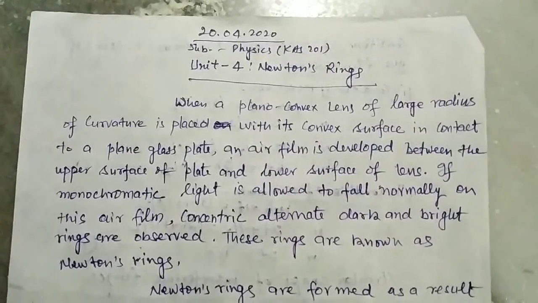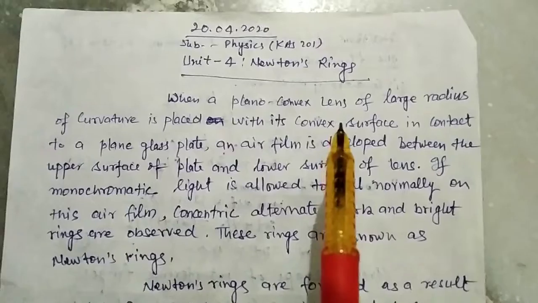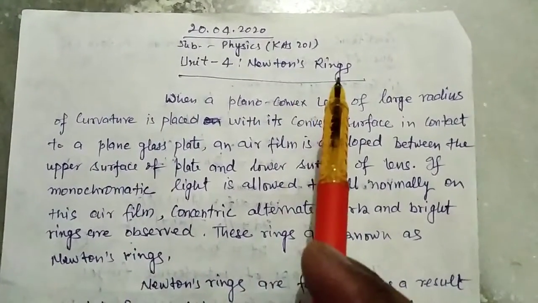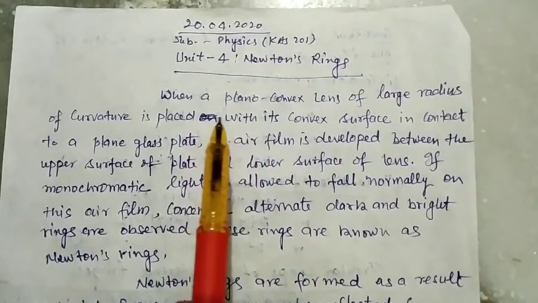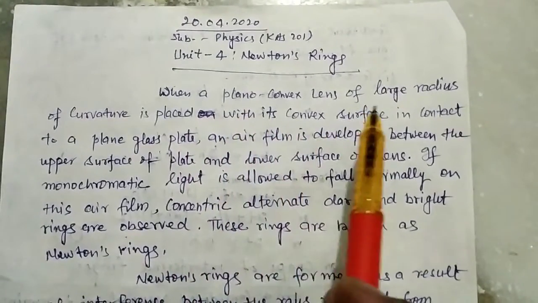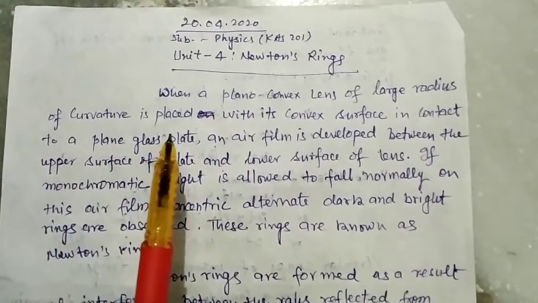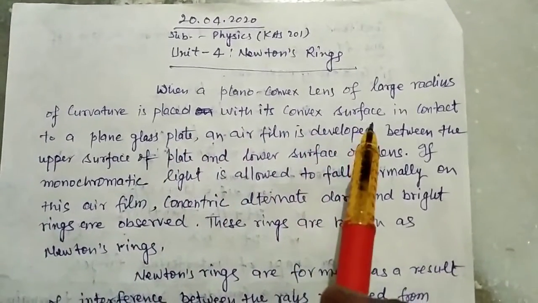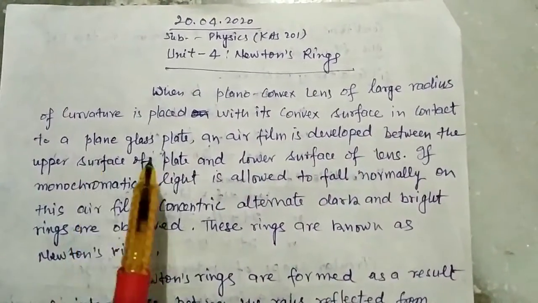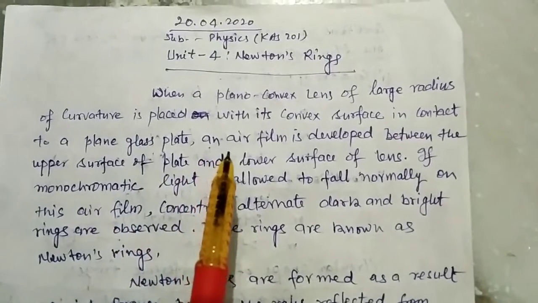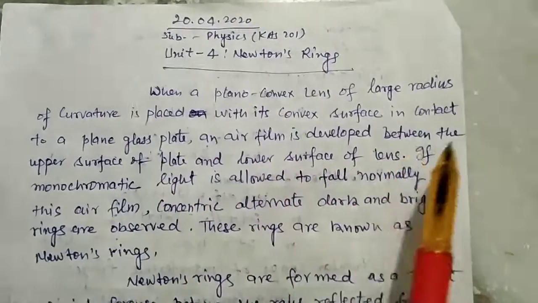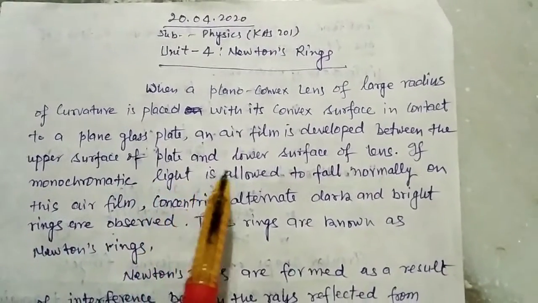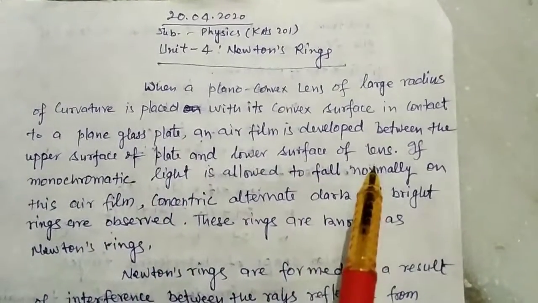Dear students, today we are going to discuss the very important topic Newton's rings. When a plano-convex lens of large radius of curvature is placed with its convex surface in contact with a plane glass plate, an air film is developed between the upper surface of the plate and the lower surface of the lens.